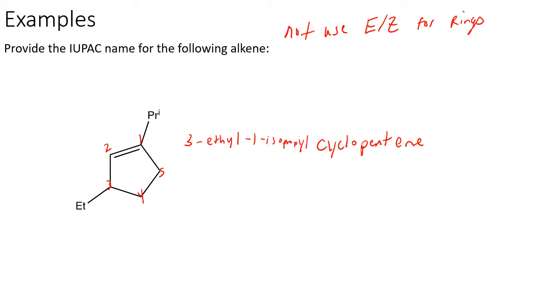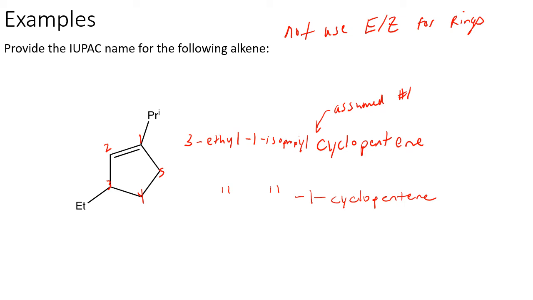And then some people will just write cyclopentene. It's assumed that in between here, the position of the double bond is number 1. If you wish to write, so same thing right here, 3 ethyl, 1 isopropyl, hyphen 1 cyclopentene, you can. You can say number 1 like that and put it with hyphens there.